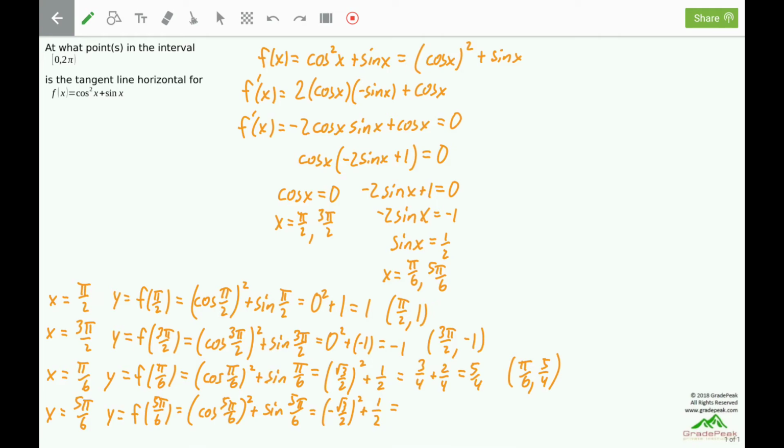A negative squared is once again a positive, so this will again be 3 over 4 plus, and I will rename 1/2 as 2 over 4. And this also has a y-coordinate of 5/4. So we have 5 pi over 6, comma 5/4. And there are our 4 points where we have a horizontal tangent line to the graph in the 0 to 2 pi interval.